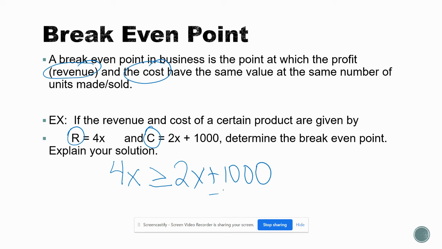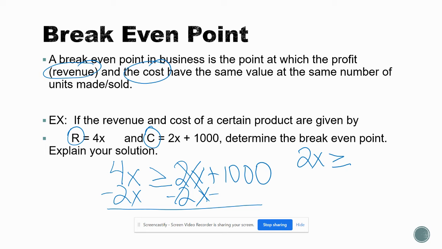So we're going to subtract the 2x over to its like term. 4 minus 2 is 2x is greater than or equal to, these two x's add to 0, 1,000.